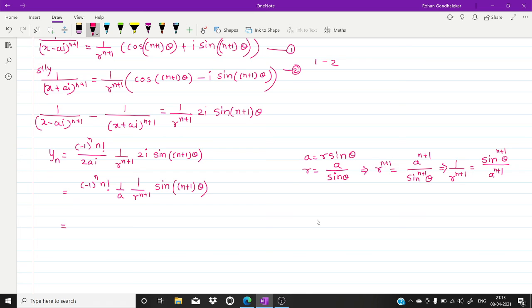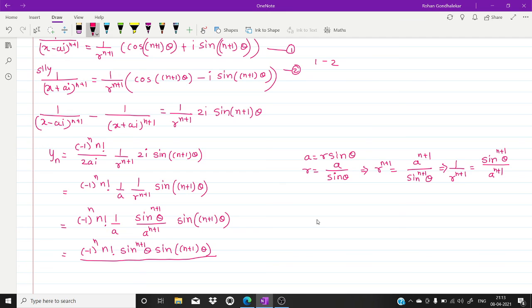So hence this is the reason for the next step: minus 1 raised to n into n factorial into 1 upon a into 1 upon r raised to n plus 1 will be written as sin raised to n plus 1 theta upon a raised to n plus 1, into sin of n plus 1 theta. So this is minus 1 raised to n into n factorial into sin raised to n plus 1 theta into sin of n plus 1 theta, whole divided by, see the denominator, a into a raised to n plus 1.